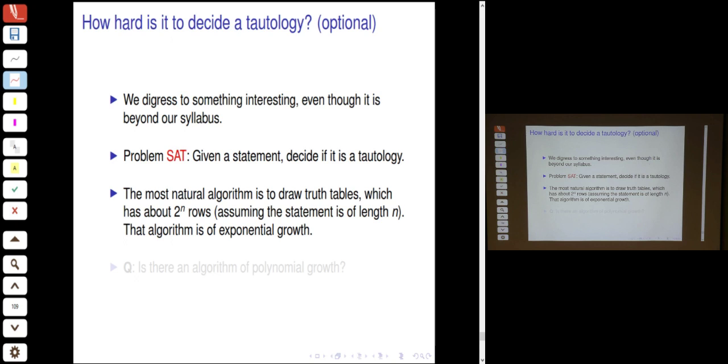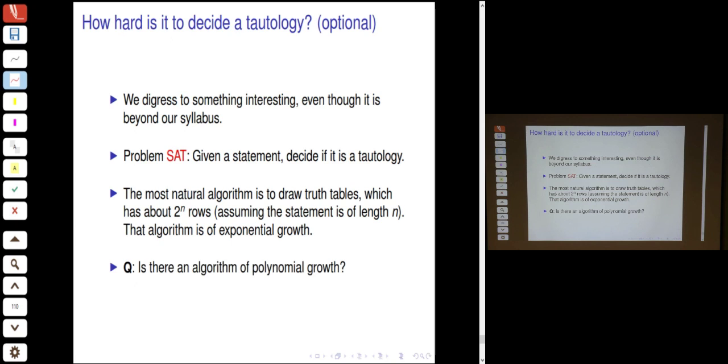If you have P, Q, R, the truth table will have 8 rows, which is 2 to the 3, right? So suppose you just use a truth table to determine whether this is a tautology, the algorithm is of exponential growth. When you have longer and longer formulas, it takes longer and longer time to decide.